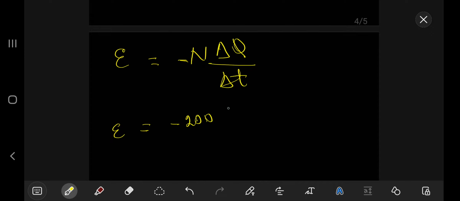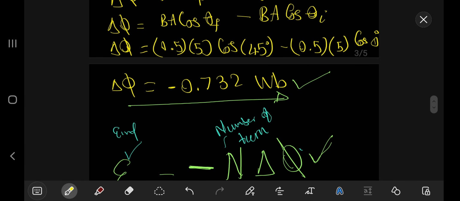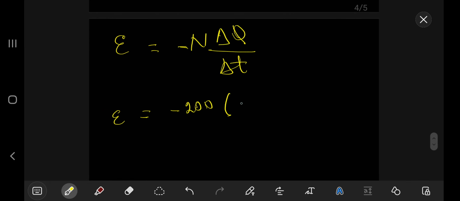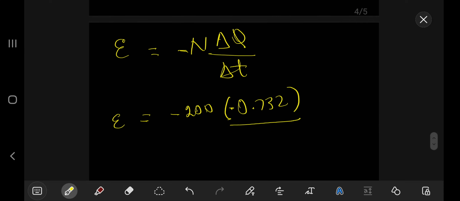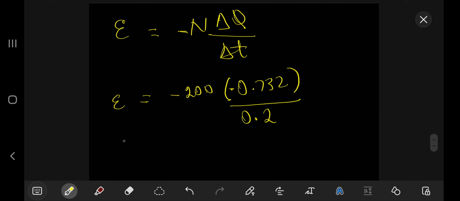EMF is equal to negative N change in magnetic flux linkage divided by delta t. This is Faraday's law. EMF is equal to negative 200, because it's 200 turns, and then the change in the magnetic flux linkage, which is negative 0.732, divided by delta t, which is 0.2, and that is the magnitude of the EMF which is induced.